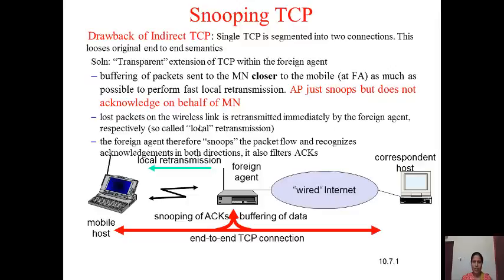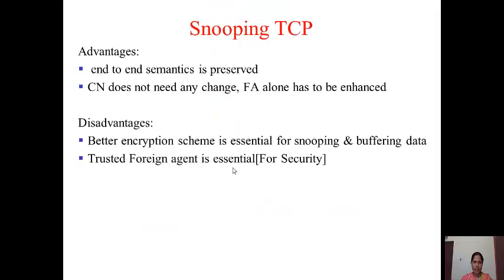The lost packet on the wireless links is retransmitted immediately by the foreign agent with the help of local retransmissions. And of course, the acknowledgements are exchanged between the correspondent node and the mobile node. So here, the end-to-end TCP connection is actually experienced. So the drawback that was prevailing in the indirect TCP is overcome in the snooping TCP, right?